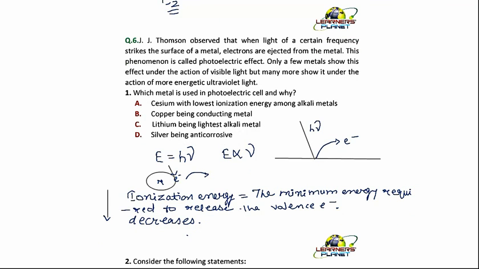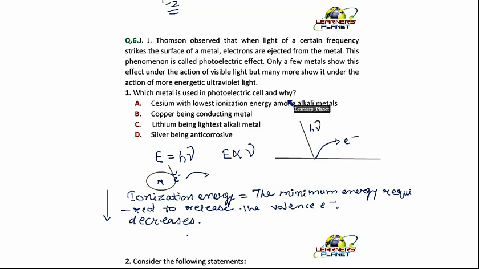So students, what type of metals can we use for producing photoelectric current? Those which have low ionization energy, right? If you use a metal which has high ionization energy, you will require a lot of energy to release an electron. Now let's come to our question.